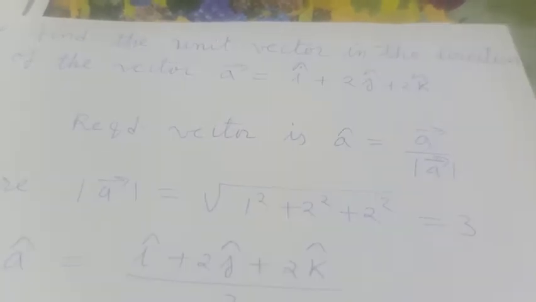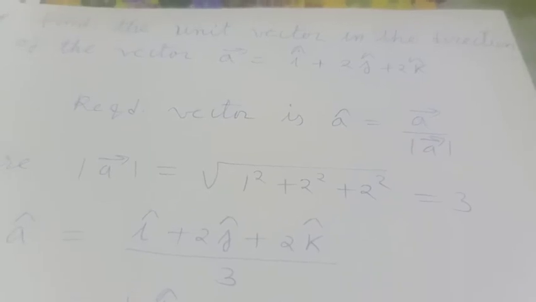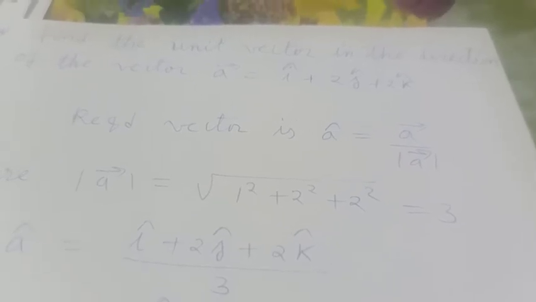Then we have some questions. First question is, find the unit vector in the direction of the vector A equals i plus 2j plus 2k cap. So we have to find the unit vector in the direction of vector A. So the required vector is a cap, which is given by vector A upon mod A. Mod A can be found easily by root of x square plus y square plus z square.